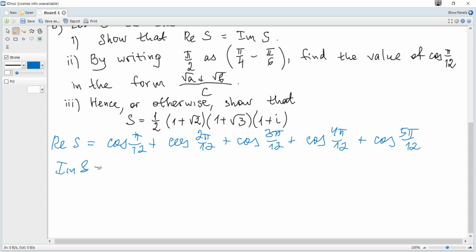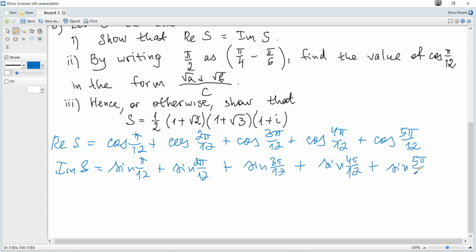And the imaginary part is sine pi over 12 plus sine 2 pi over 12 plus sine 3 pi over 12 plus sine 4 pi over 12 plus sine 5 pi over 12. And we need to show that this is equal to this. How to do that?